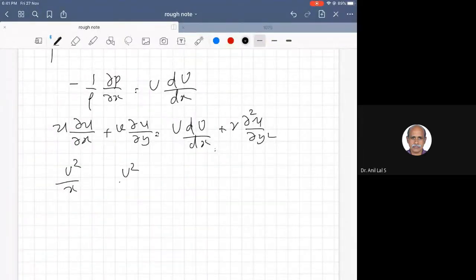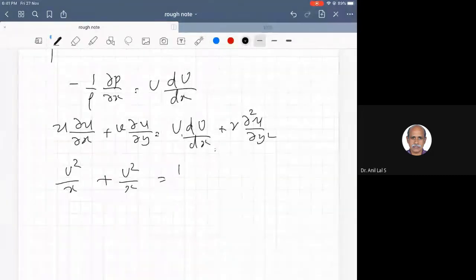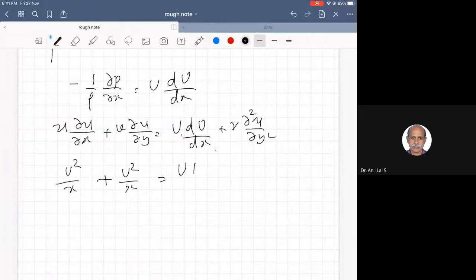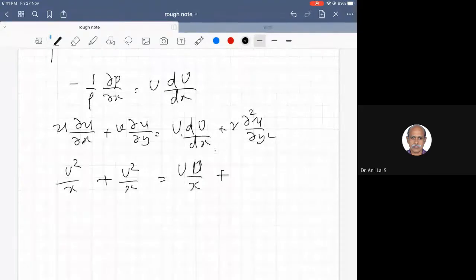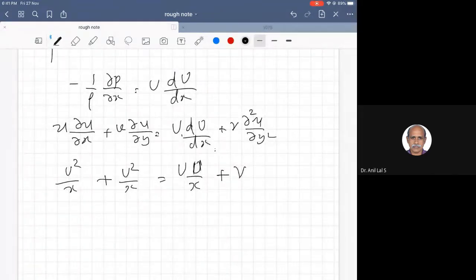Similar order quantities: u dou u by dou x is of the order of U squared by x, and nu into dou squared u by dou y squared is nu U by delta squared.